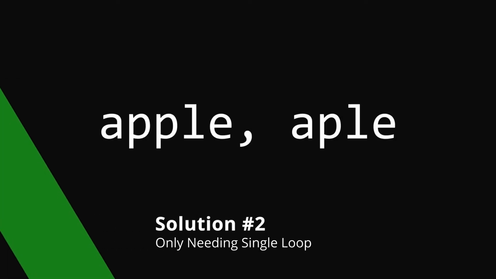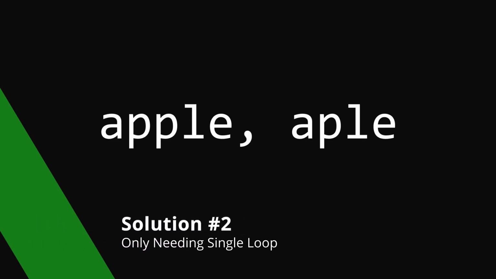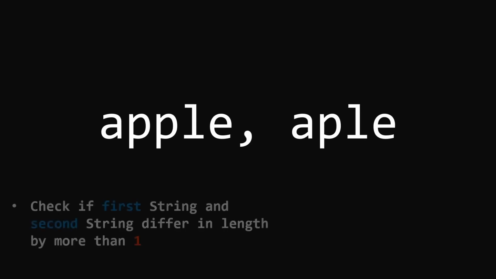Okay, now that we have a better understanding of what we have to do for the problem, we can do better than the brute force solution by going through each letter, checking every replacement, insertion, and removal to see if it equals the second string. We don't have to do all that, okay? Remember, we're only checking to see if the first string is one edit away from the second string. So let's think about that. If the first string differs in length by more than one from the second string, we automatically know that this is going to return false and it's not going to work.